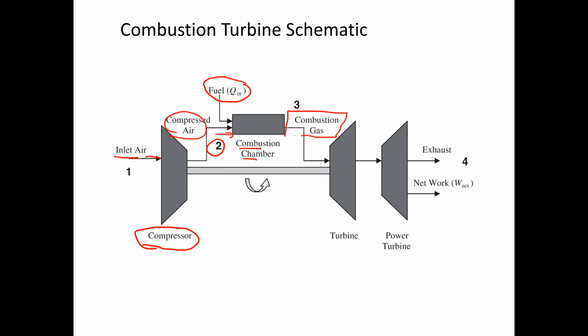The gas comes out of the combustion chamber and goes into a turbine, which turns a power turbine, and the combustion gases are then exhausted to the atmosphere. The turbine itself is used to power the compressor. What you end up with is some net work coming out of the power turbine.